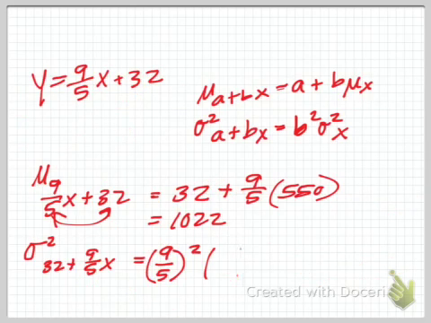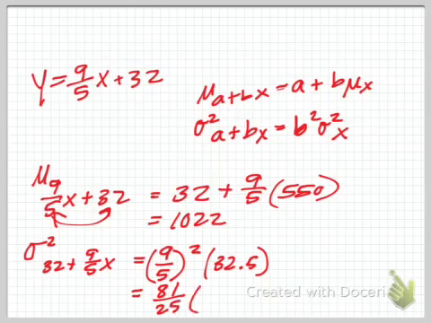I need some more space. 9 over 5 squared would be 81 over 25 times 32.5. I'm still going to need a calculator, so let me pause. Okay, we got the variance of that Fahrenheit change to be 105.